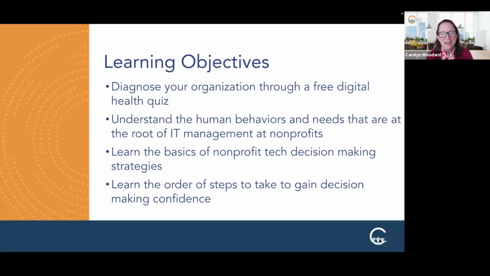So you gave us a very quick whirlwind, kind of teaser for how to understand a lot more about how to make nonprofit tech decisions, and then learn some of the order of steps to take to gain that decision-making confidence, like the woman that you were talking about, who was able to just handle running things, and it's become more aligned with her leadership.